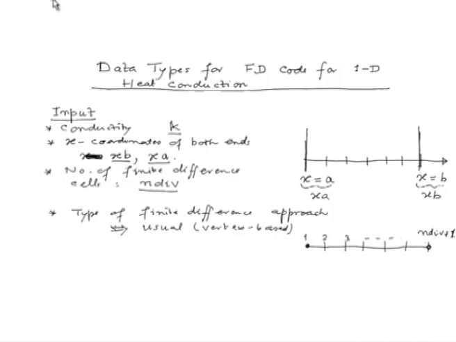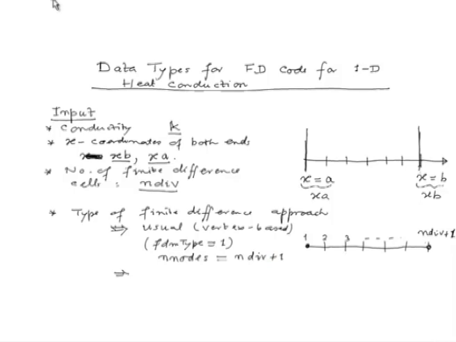So we can denote this by one parameter, let us call it FDM type. FDM type is equal to 1, and in this case the number of finite difference nodes, n nodes, is equal to n div plus 1.